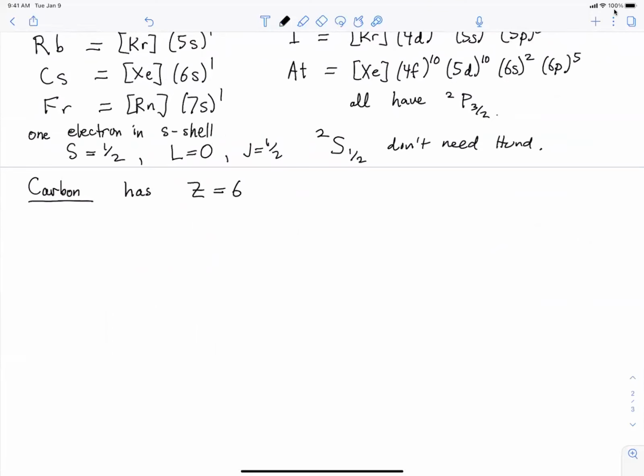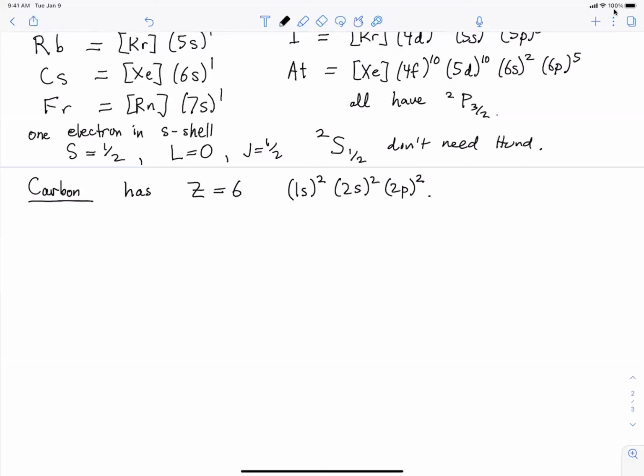And so if we just fill in these shells to figure out what the electron configuration is, first we fill in the 1s, then we do the 2s, and the next is the 2p. And once we put 2 of them in the 2p, then we're done, because 2 plus 2 plus 2 makes 6. And so now we'd like to figure out what the angular momentum configuration for this atom is in the ground state.